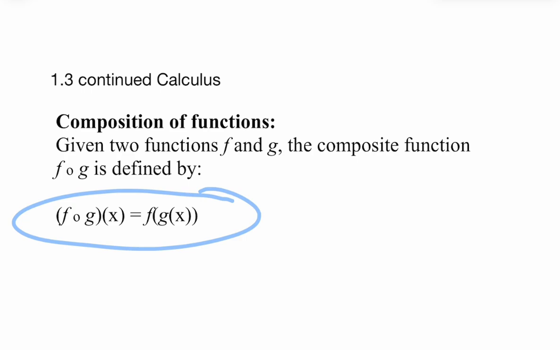So whatever is closest to the x, that function is going to be plugged into the outer function. So you got to work from the inside out. Please make sure you know that notation, because that notation is still found within a calculus class.